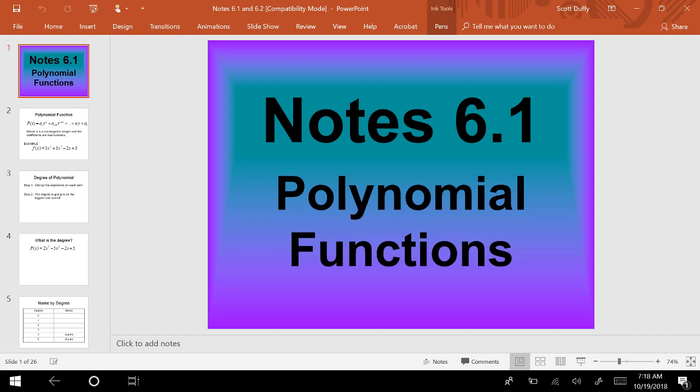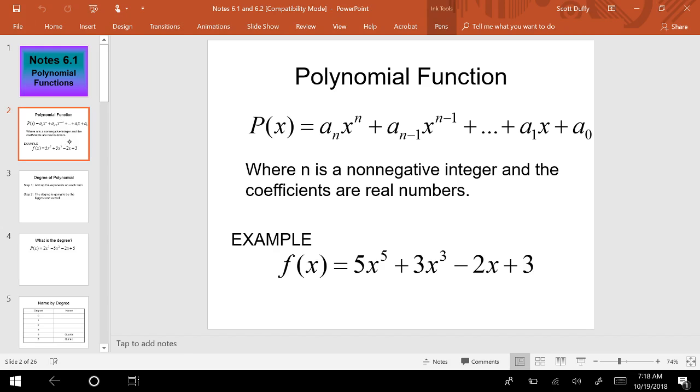But polynomial functions. Poly just means there are many terms in these functions. They always say n is a non-negative integer and the coefficients are real numbers. An example of this is 5x to the fifth plus 3x to the third minus 2x plus 3.